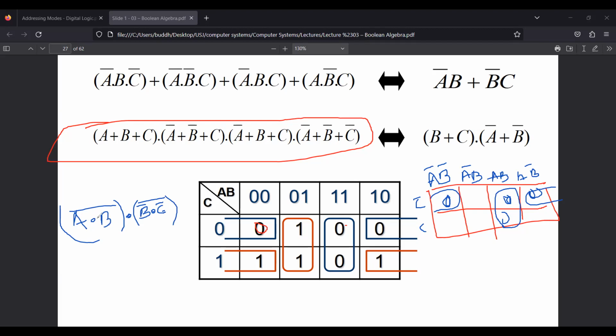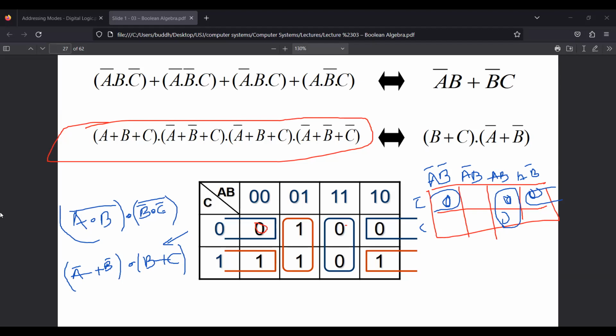So we can simplify this. A bar plus B bar, and this can be written as B plus C. So this is the answer in the product of sums format, where we are using the zeros.